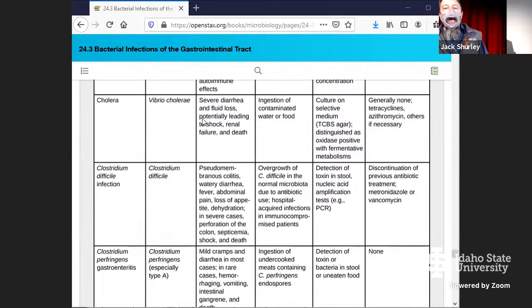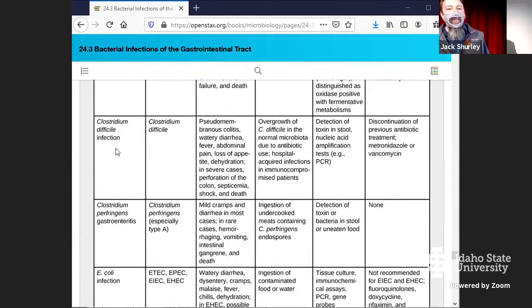All right. Clostridium difficile, the C. diff infections, like I said a second ago, the pseudomembranous colitis, very watery diarrhea, fever, abdominal pain, numerous issues. The potential for shock and death is a result if it does go septic. So I already went through this. Your normal flora gets altered, setting the stage for these issues, right?